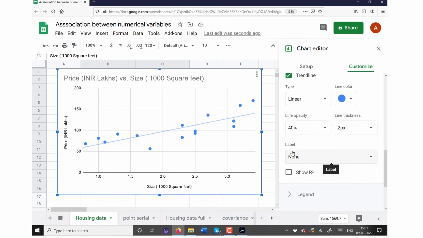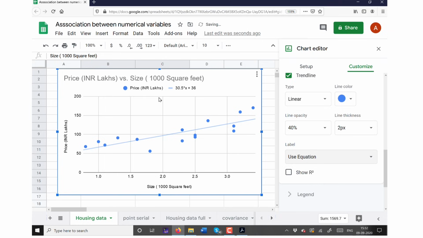Now, further, if I want to know the equation, under the label tab, click on use equation. It gives me the equation. You can see here the equation states price equal to 30.5 times x, where x is my size, plus 36.